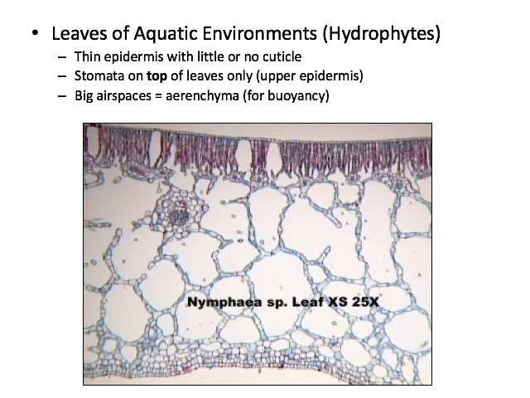Because these leaves float on the surface of the pond, we have stomata that are only on the top surface of the leaf, which is to say the upper epidermis, and inside of the leaf we have big air spaces formed by aerenchyma, a special type of parenchyma that provides buoyancy.